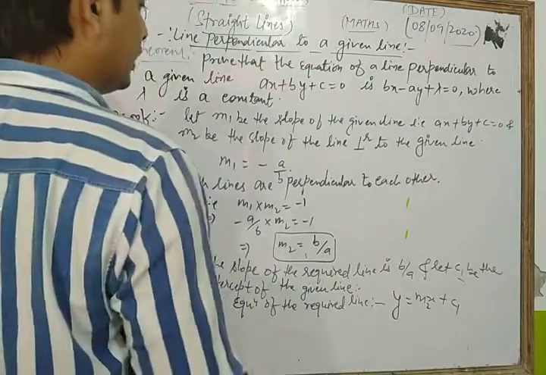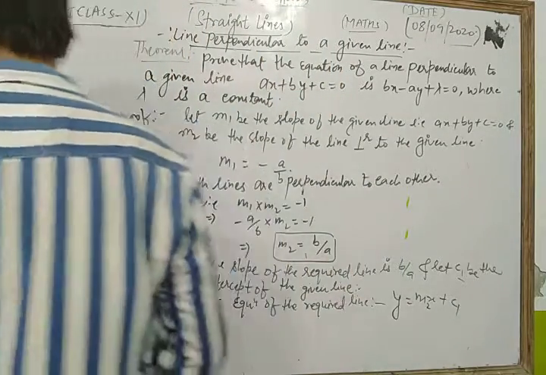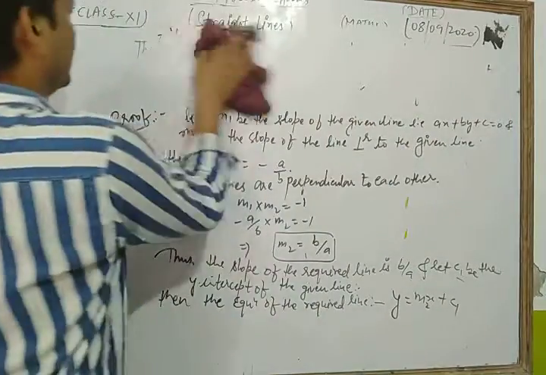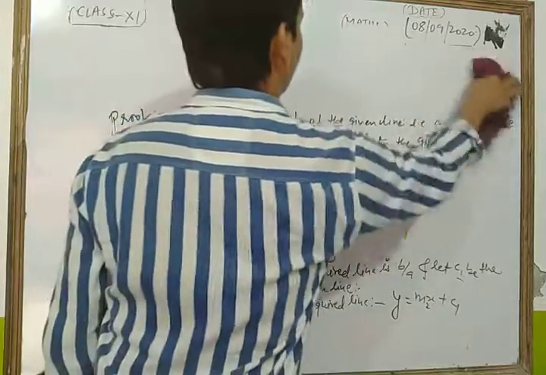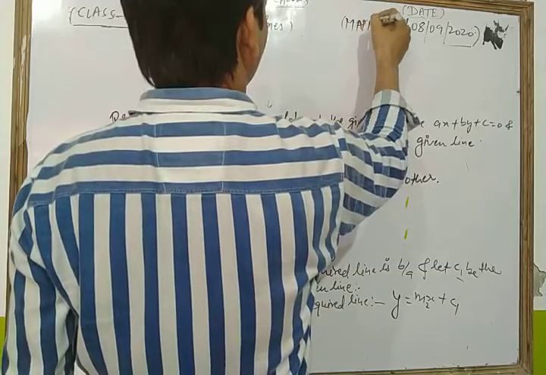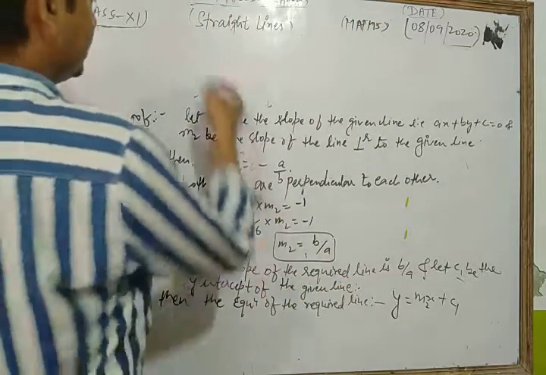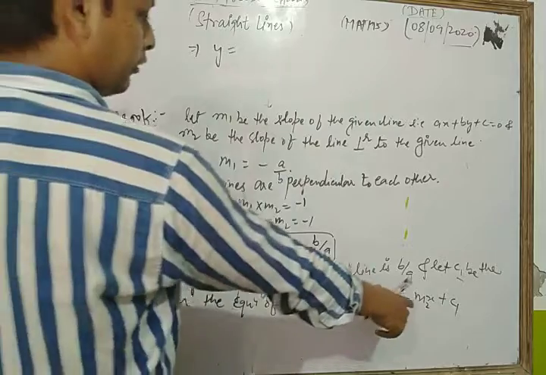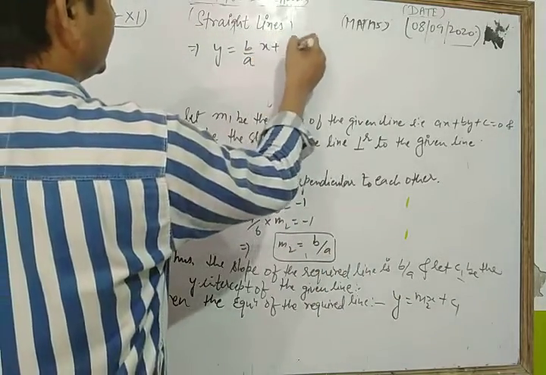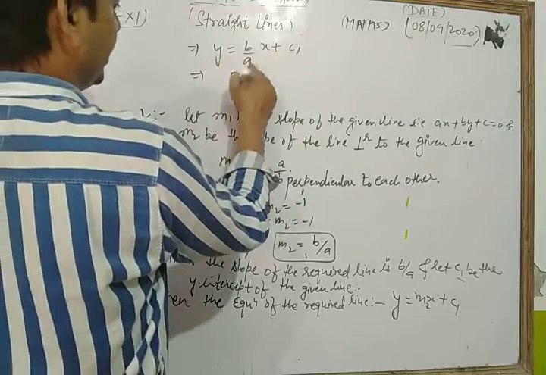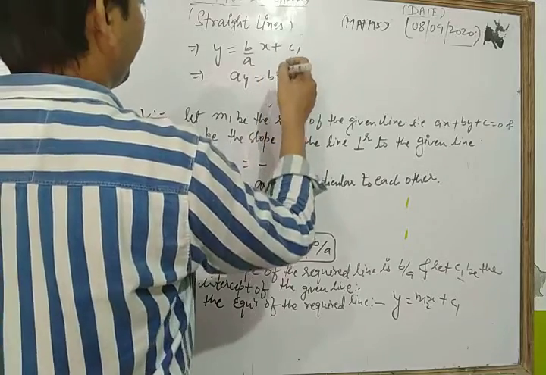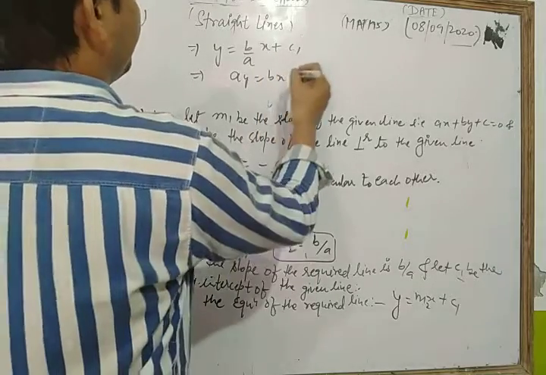So y is equal to b upon a x plus c1. Now we have ay is equal to bx plus c1.